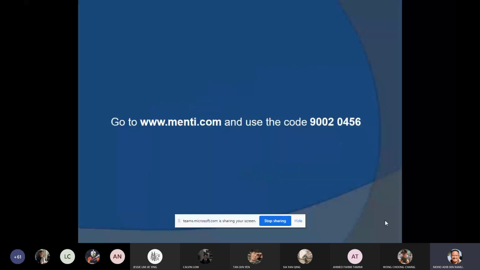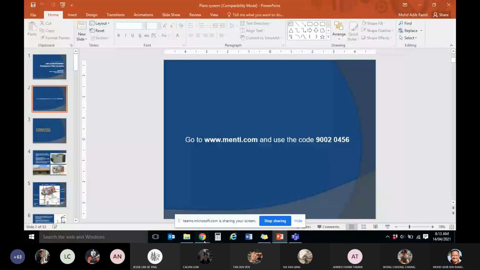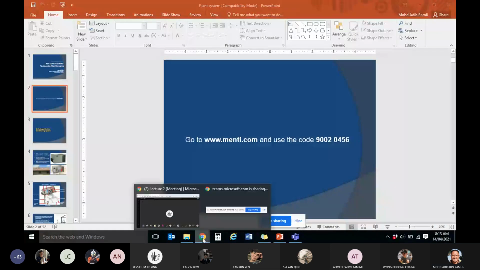So you can go to www.menti.com and use the code shown on the screen, 90020456. Okay, that's not my phone number. Go to www.menti.com and use the code 90020456. Let me open it.